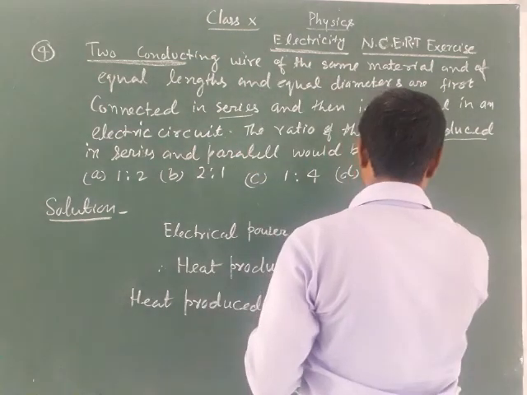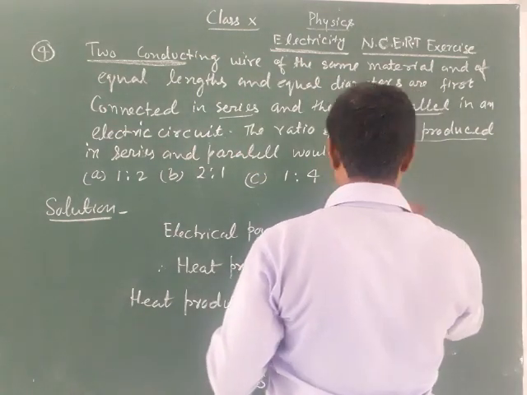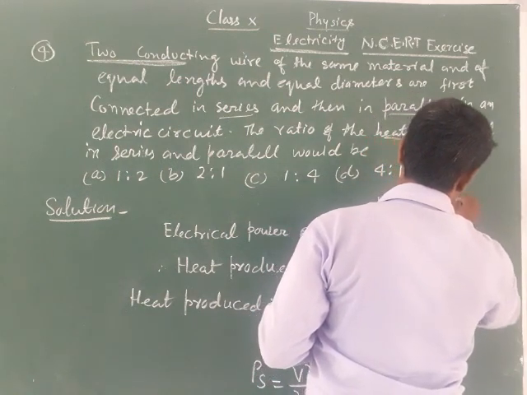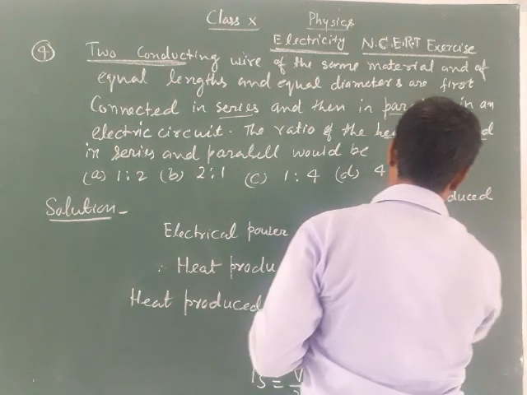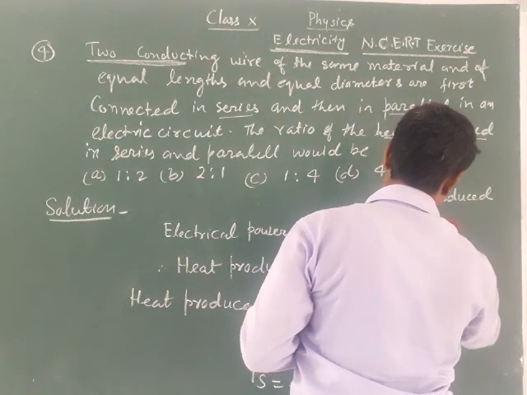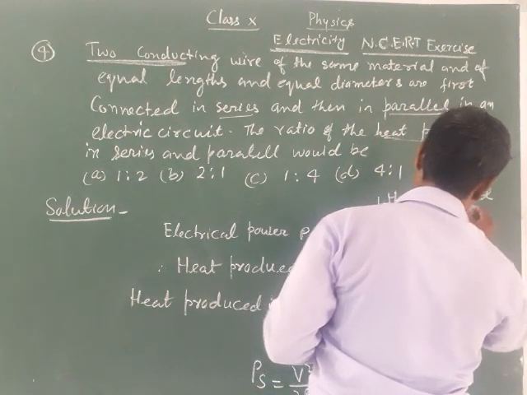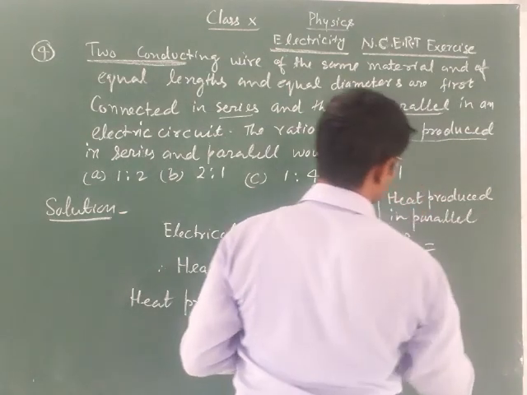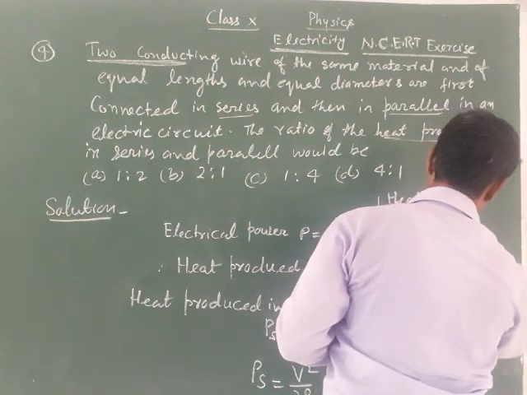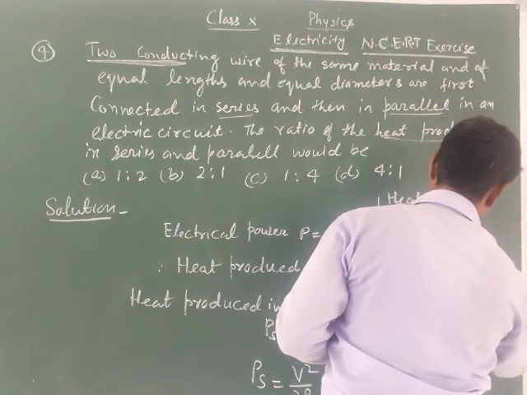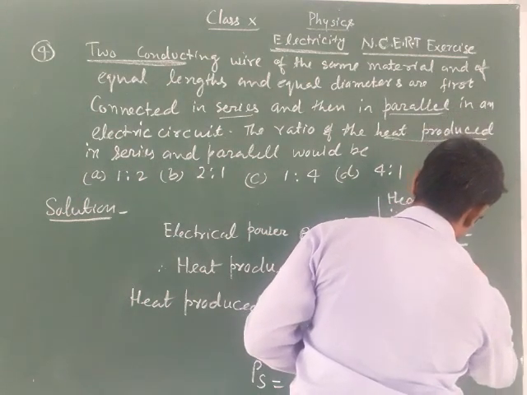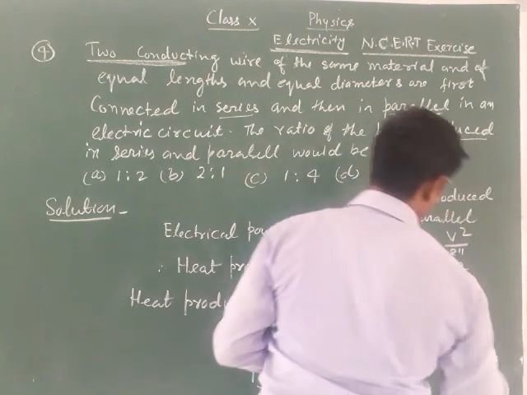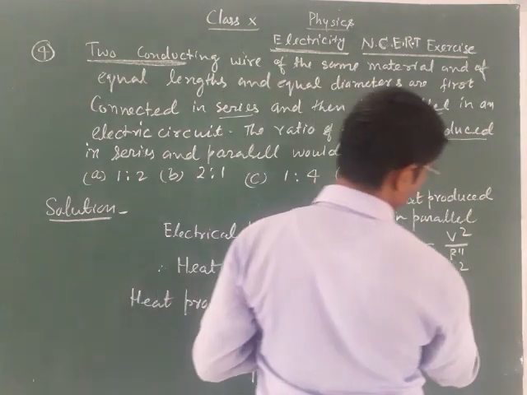And also heat produced in parallel, Pp, is V square by R double dash, which is V square upon R by 2.